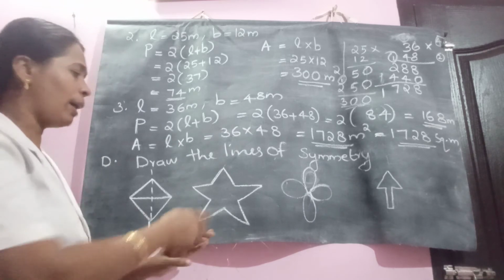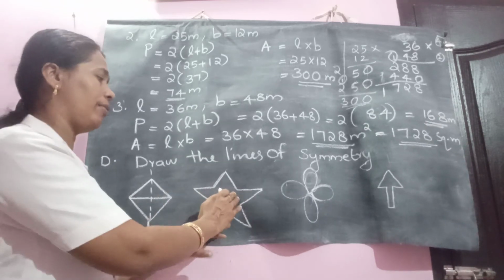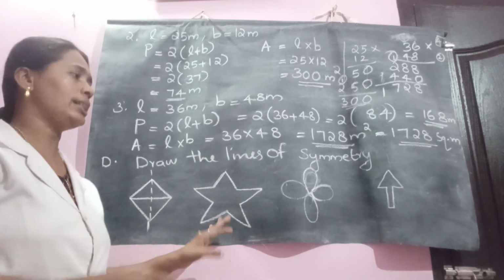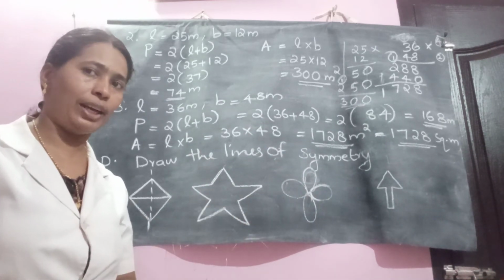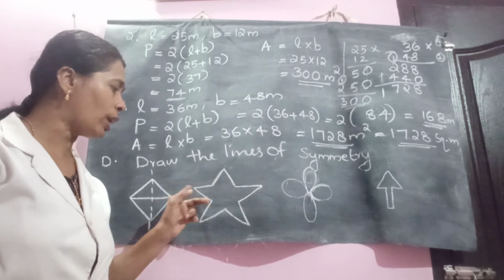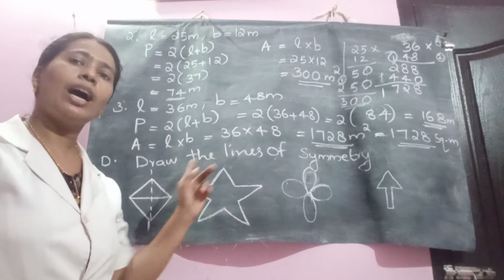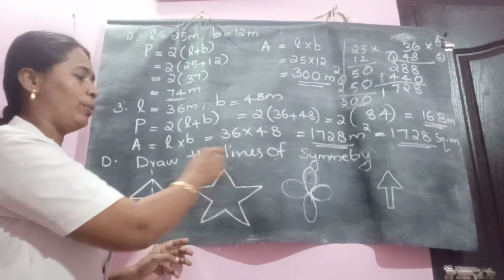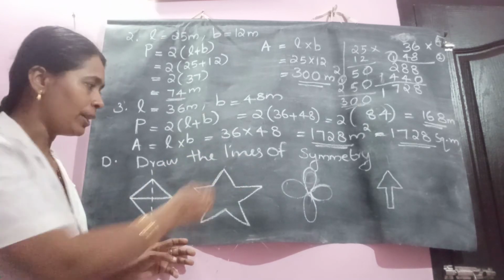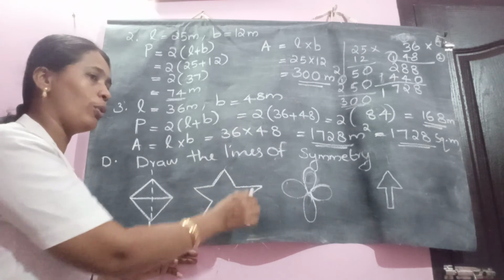Okay, now come to the star. For star pictures, with petals or polygons given that way, according to the corners we can decide how many lines of symmetry there are. The corners will decide. How many corners are there? 1, 2, 3, 4, 5 corners.